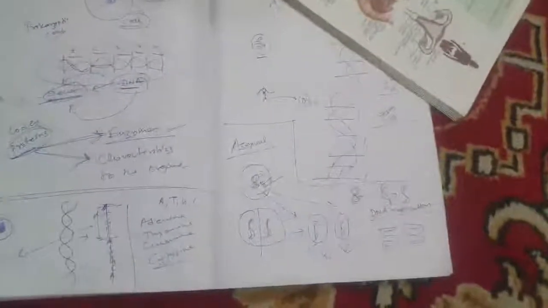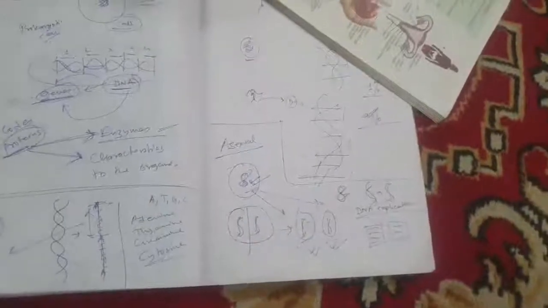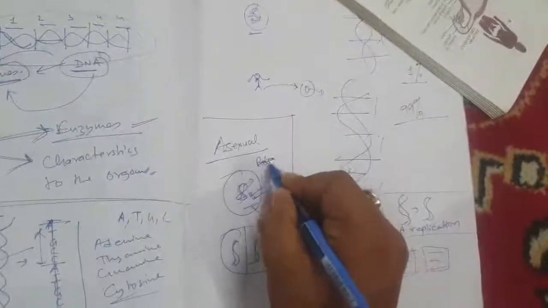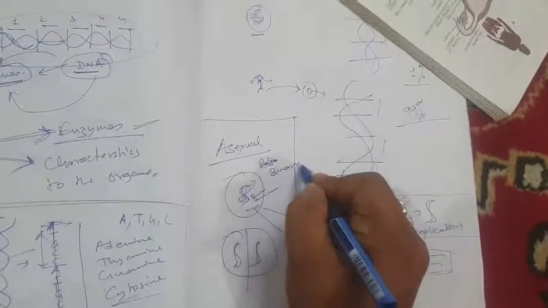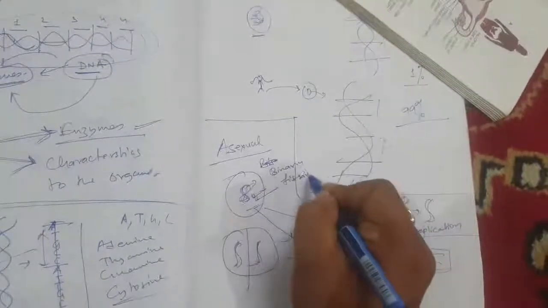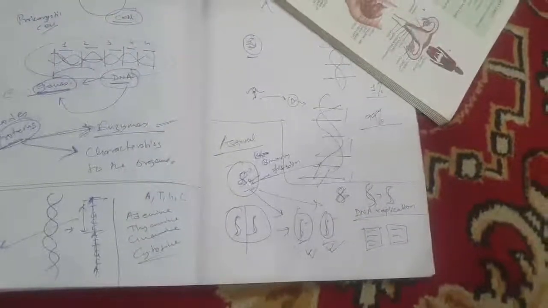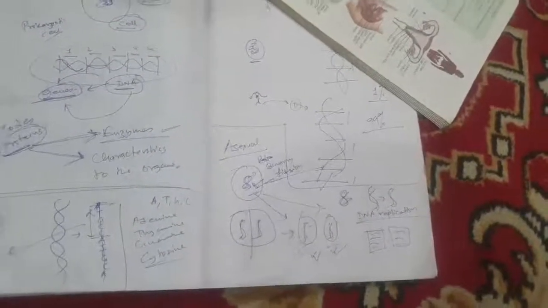This happens just before asexual reproduction or division of cells. This mode of reproduction is known as asexual, or binary fission. So the lifespan will be short. Bacteria's lifespan is short. Lifespan also depends on the genetics or the genes of different organisms.